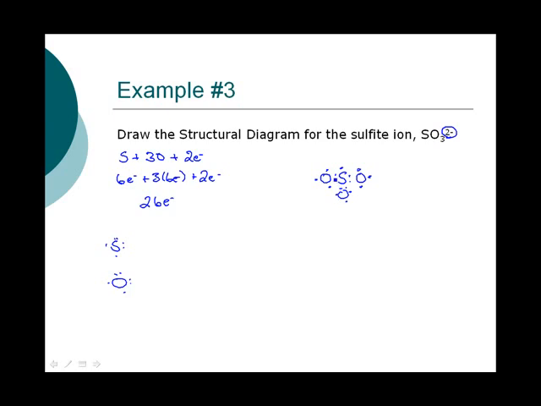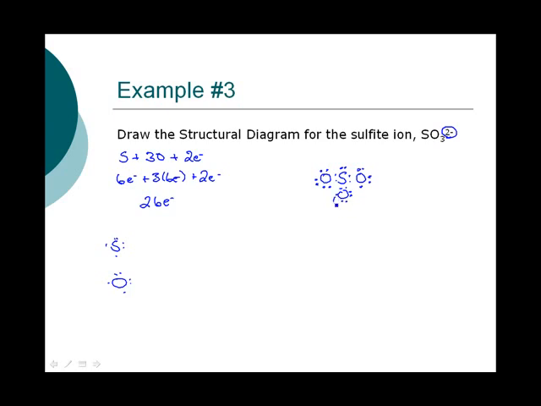Now all of our orbitals have 1, so we'll start doubling up. 19, 20, 21, 22, 23, 24, 25, and I'll put it here, 26.